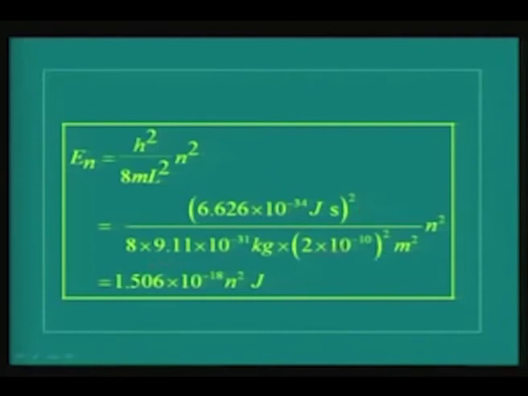Okay. The result is a number of joules, 1.506 times 10 raised to minus 18 times n squared joules, where n is the quantum number. Therefore the energy levels are separated by this factor.